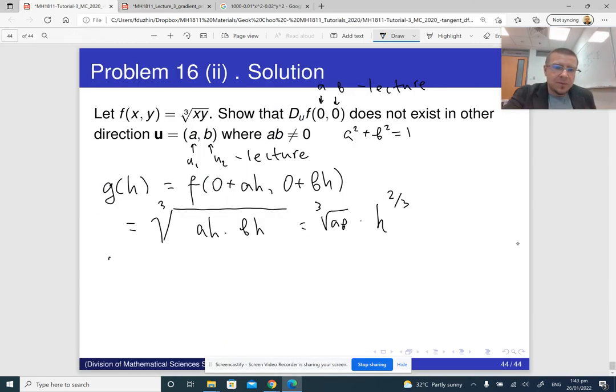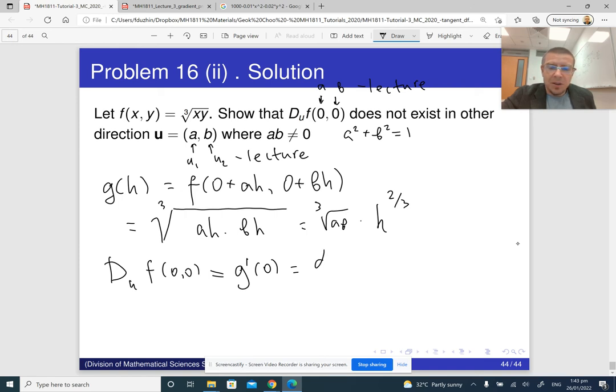So the directional derivative du f of 0, 0 is by definition g prime of 0. So I need to take my function, differentiate it with respect to h, and take the derivative when h is 0.